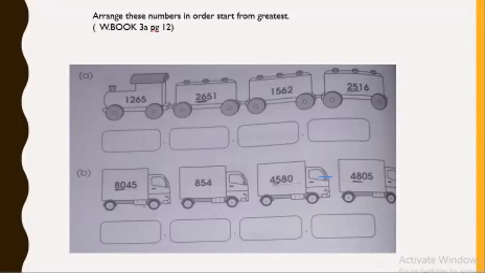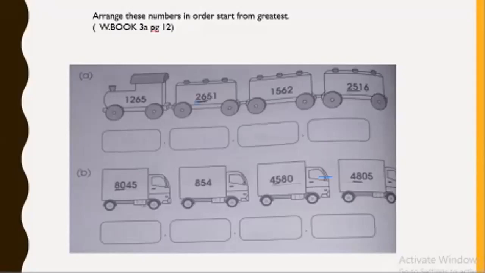So let's start comparing the numbers to find which is the greatest number in this string. Let's read it. Let's compare it. 1265. Okay. 2651. So the first place value is the bigger one. Look at this. This 2 is bigger than 1.